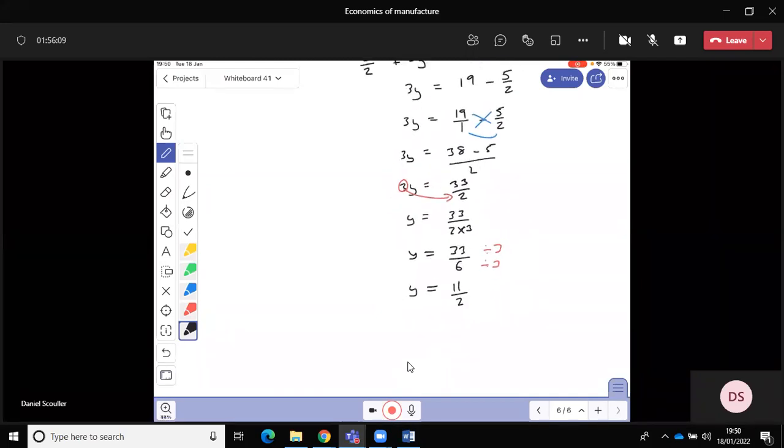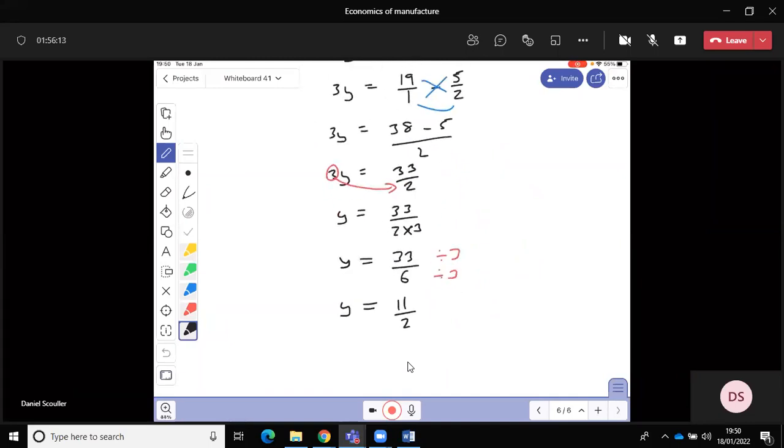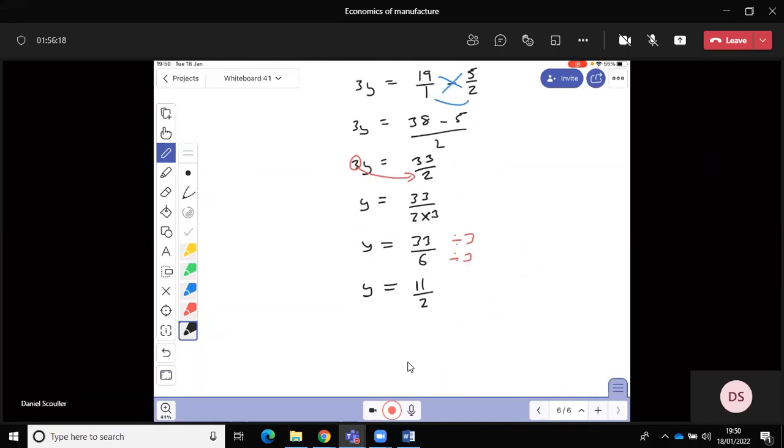So you've got x equals 5 over 2 and y equals 11 over 2. Writing it out in coordinate format, we have 5 over 2, 11 over 2. Slightly trickier because they've thrown in that fraction, but not as hard as some fraction questions you can get.